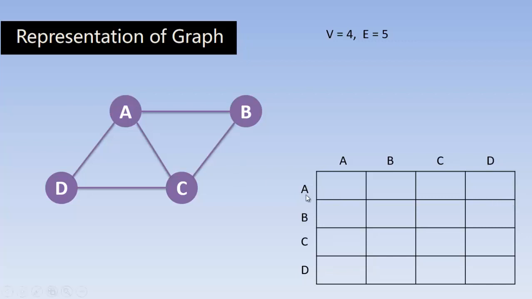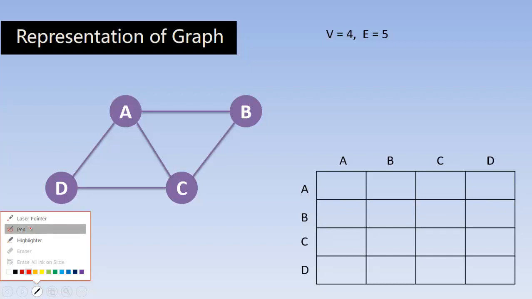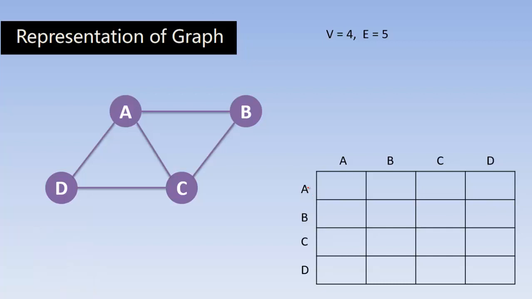So how will we map the connections from A to A, A to B, A to C and A to D? Connection means the edges between the nodes, and likewise the edges from B to A, B to B, B to C, B to D and so on. Let us start from node A. From A to A, is there a connection? There is no edge from a node to itself, right? So this will be represented as 0.